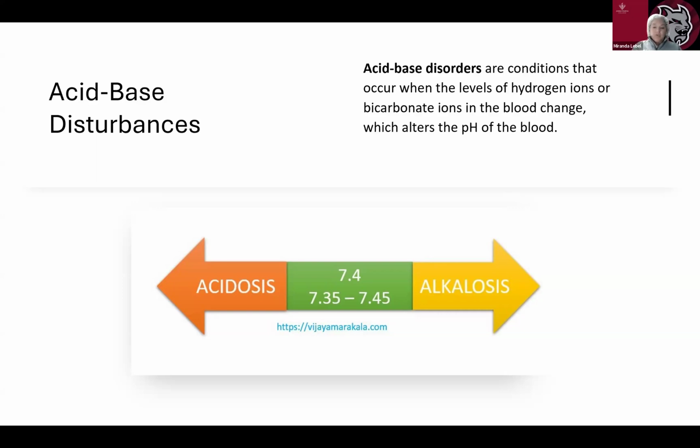So a normal pH range, because we can fluctuate a bit, is 7.35 to 7.45. It's very important for you to know those numbers. A higher concentration of hydrogen will equal more acidic and a lower pH. A lower concentration is more alkaline and a higher pH.